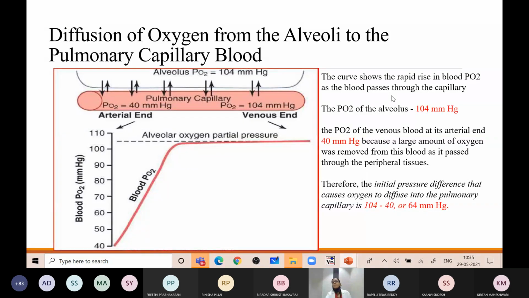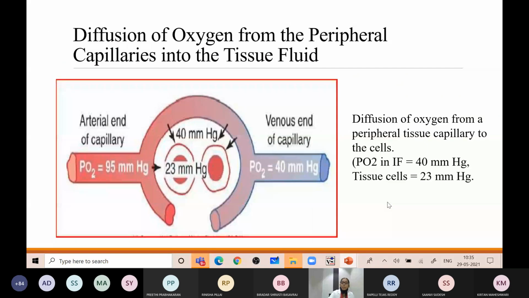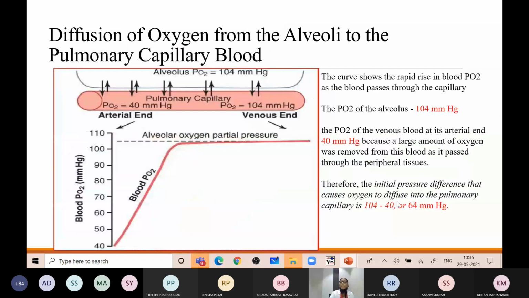So the initial pressure difference that causes oxygen to diffuse into pulmonary capillaries is 104 minus 40, that is 64 mm of Hg. So this much pressure difference is there in our pulmonary capillaries for diffusion of oxygen.